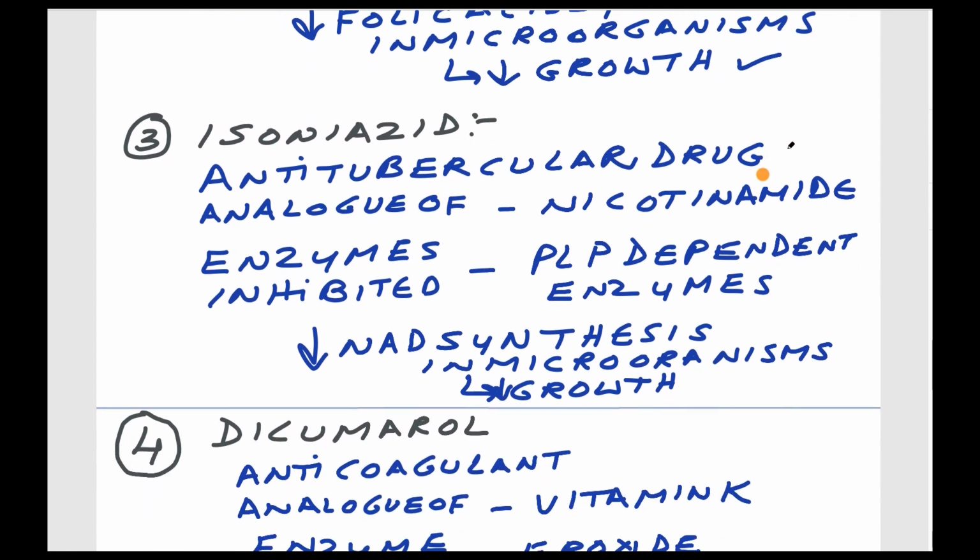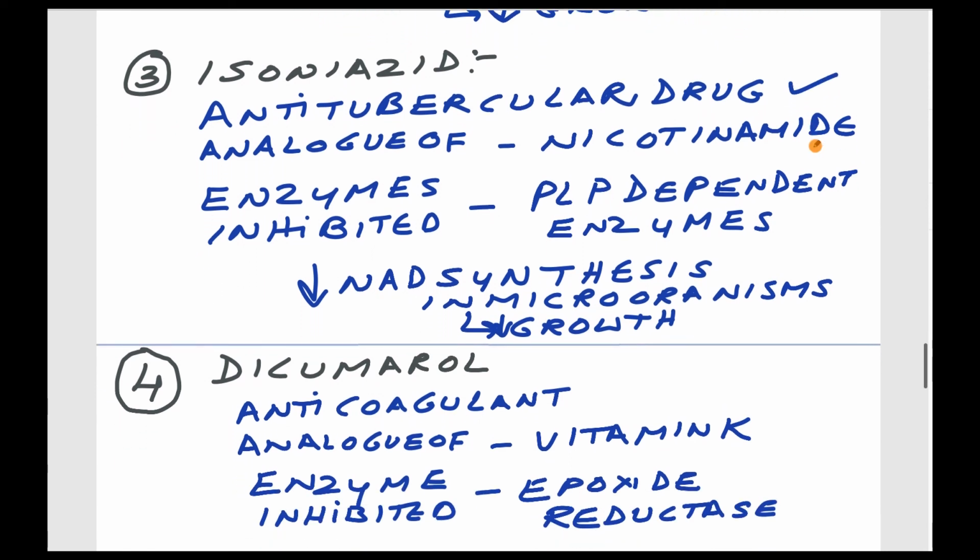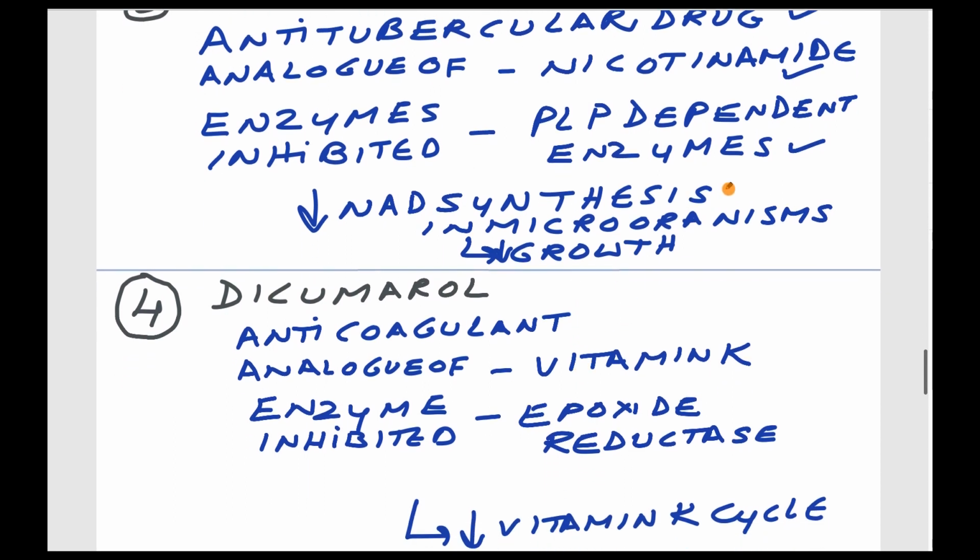Then isoniazid, an anti-tubercular drug, is an analog of nicotinamide, and the enzymes inhibited are PLP dependent enzymes. NAD synthesis is decreased in microorganisms, so growth is affected.